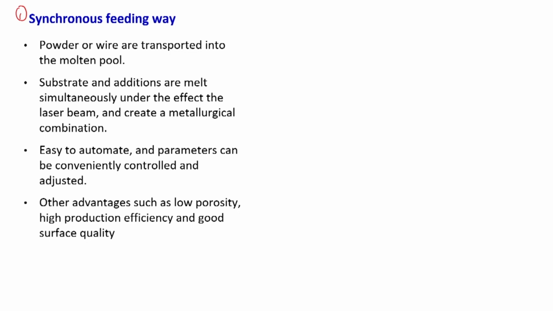When we have the synchronization between the nozzle and the substrate material or the laser, we call it the synchronized feeding way. The powder or the wire is transported into the molten pool.